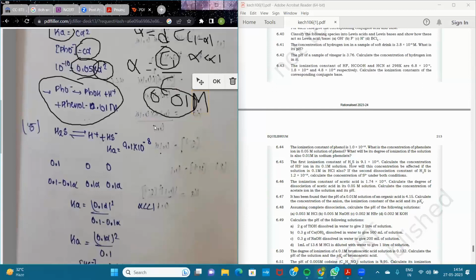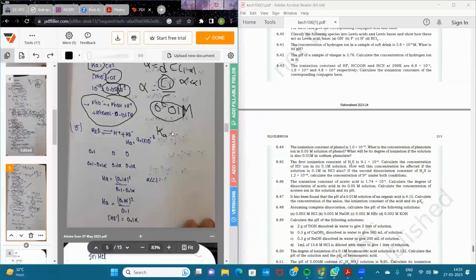So we can directly write Ka as the concentration of phenolate ion into the H plus concentration. The H plus concentration would be 0.05 alpha only, into the concentration of phenolate ion, which is 0.01. Substitute the concentration directly.